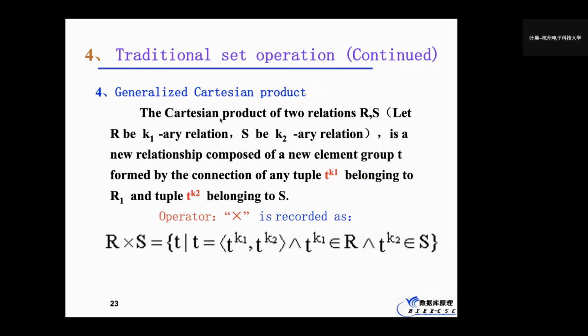The Cartesian product of the two relations is a new relation composed of new tuples t, where t is formed by the concatenation of any tuple t^K1 belonging to R and the tuple t^K2 belonging to S. We denote the operator like this. We call it the Cartesian product. So it is recorded like this.